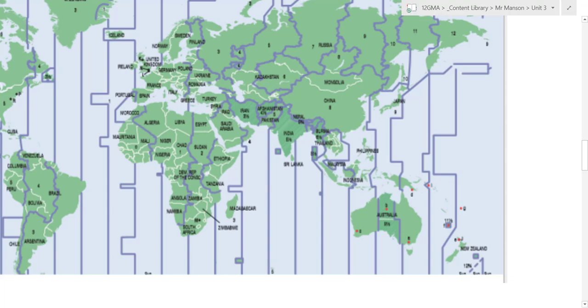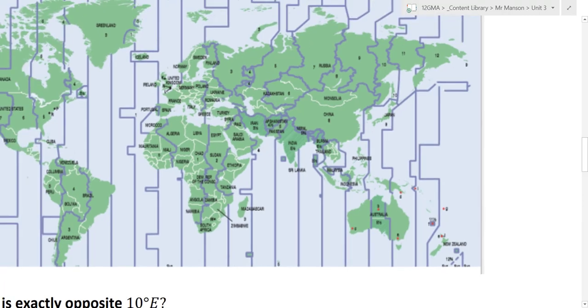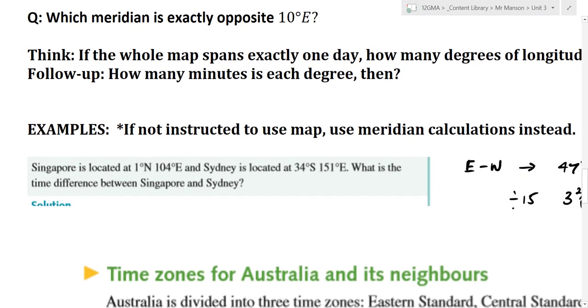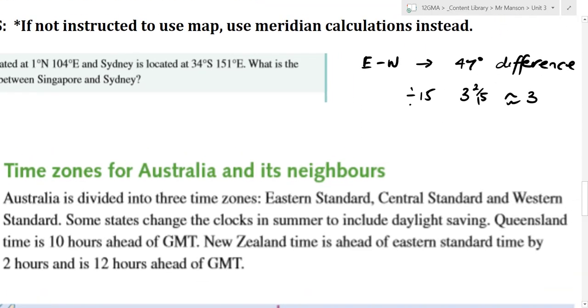I actually don't know whether Singapore has daylight savings time, and so therefore it's probably a 3 hour gap, and that's information from here. But our division gives us that 3 hour gap approximately as well.